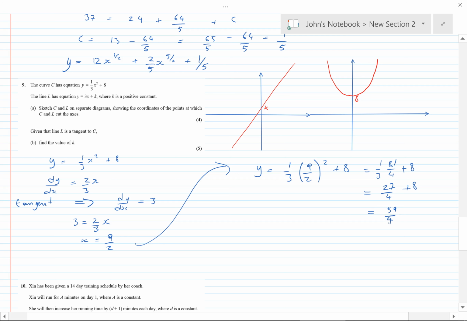Okay, so I could now, if I wanted, go back to use y minus y1 and work out the equation from the coordinate.